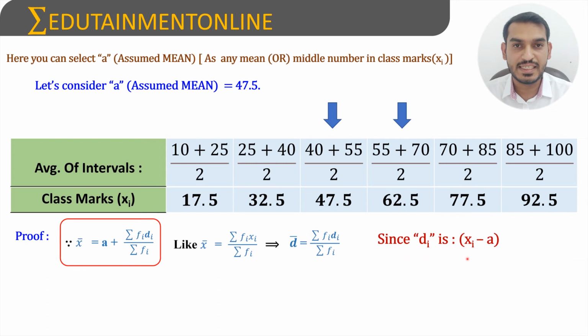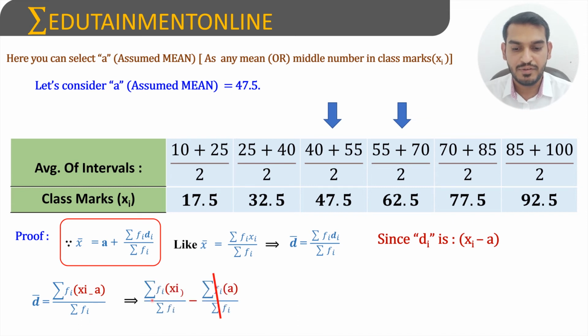Since di is xi minus a, we will replace di with xi minus a. So we can write sigma of fi into xi by sigma of fi minus sigma of fi into a by sigma of fi. So sigma of fi and sigma of fi will get cancelled. So we have this term as x bar.